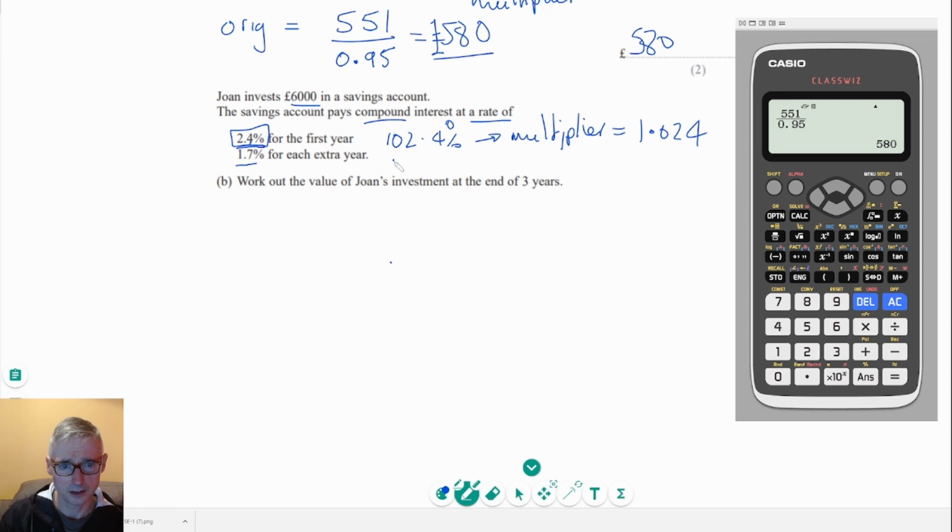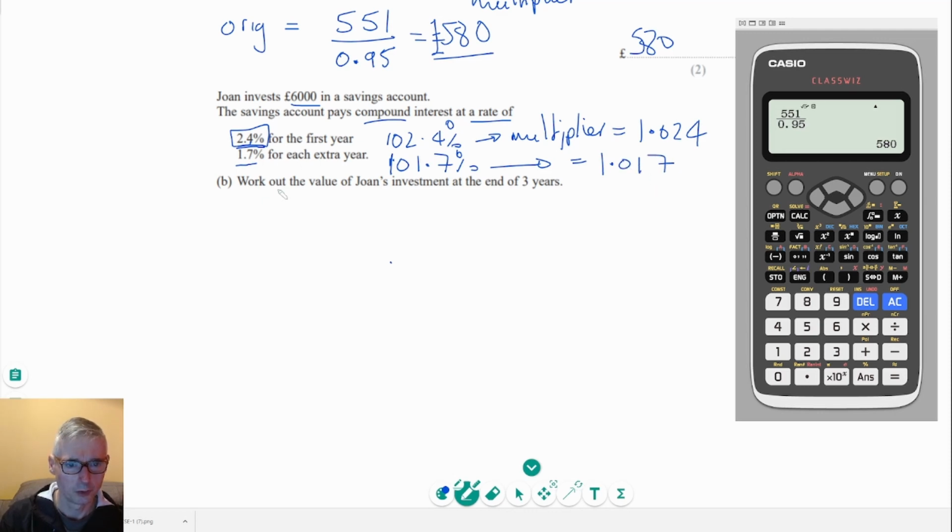And then for the second and subsequent years, we've got 1.7%. If we add that onto 100, we're going to get 101.7%. To find that as the multiplier, moving the decimal point 2 places to the left, that's going to equal 1.017.